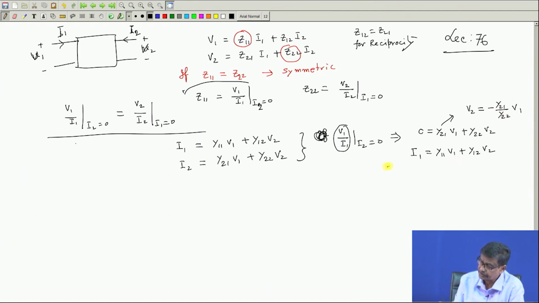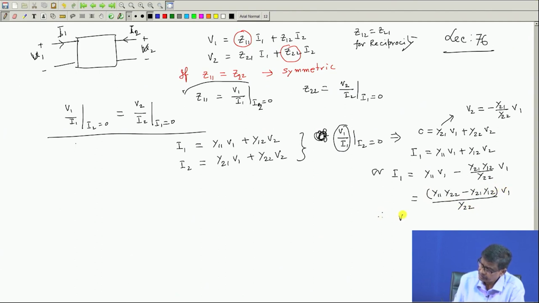I substitute this here, so I1 is equal to Y11 V1 minus Y21 Y12 by Y22 into V1, which is equal to Y11 Y22 minus Y21 Y12 by Y22 into V1.